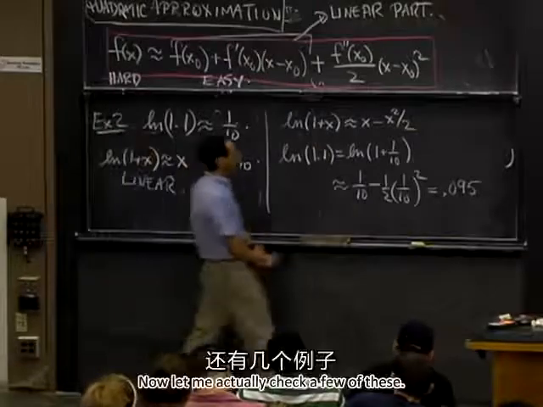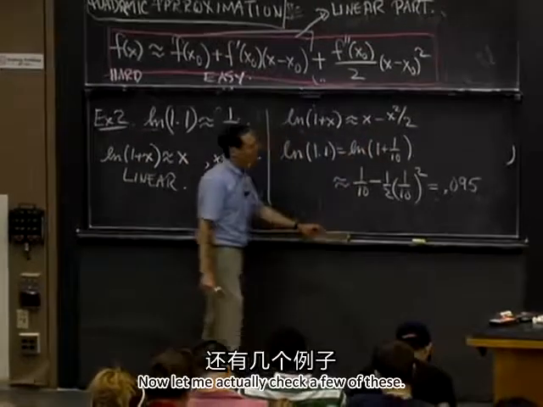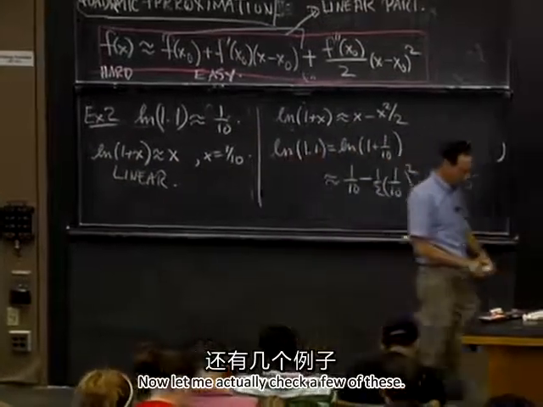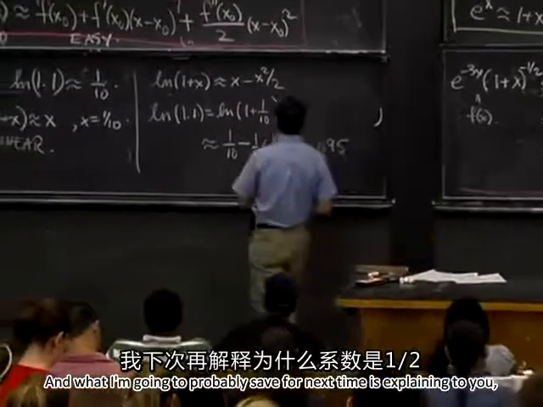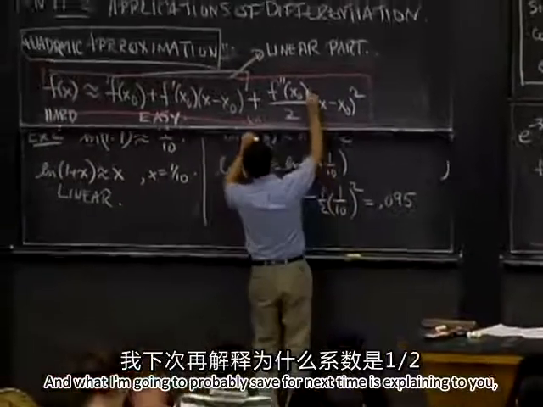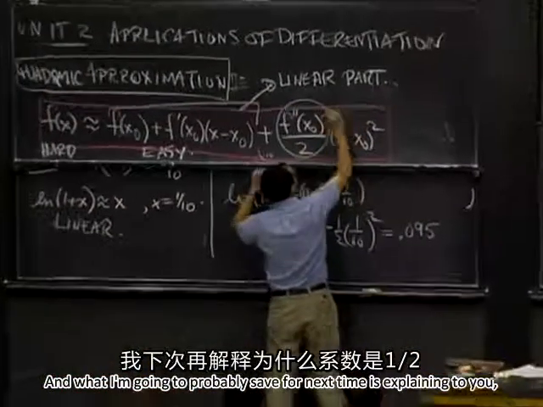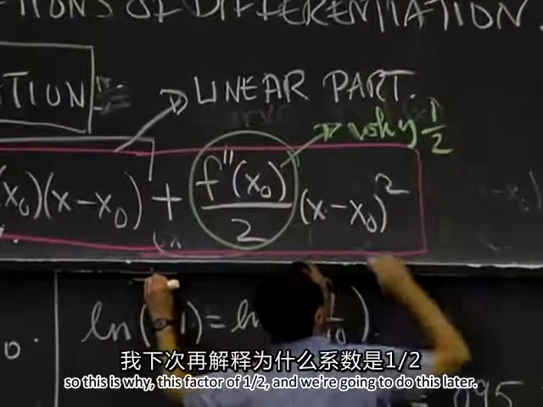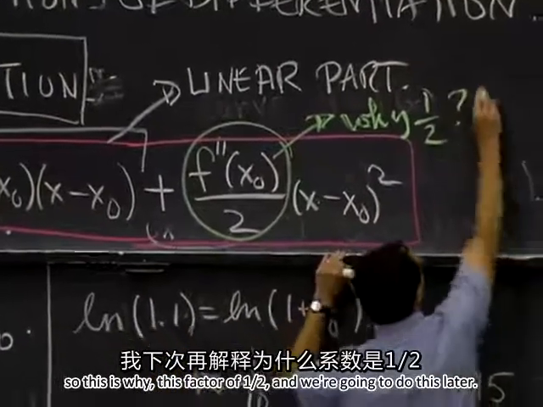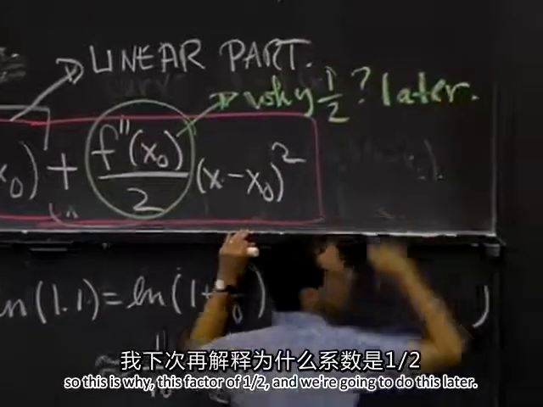All right, so now let me actually check a few of these. I'll carry them out. And what I'm going to probably save for next time is explaining to you why this factor of a half. We're going to do this later. Do this next time.